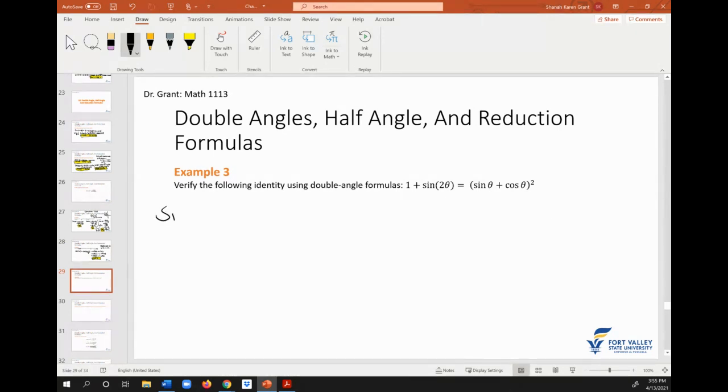So this is sine theta plus cosine theta squared. Okay, so just like a regular binomial, we can FOIL this out. So this will be sine theta plus cosine theta times itself.